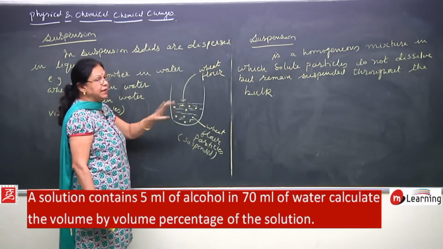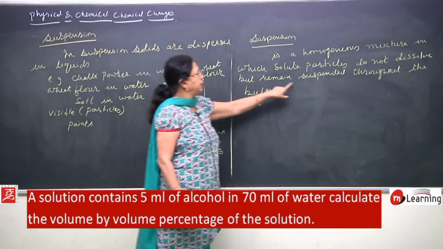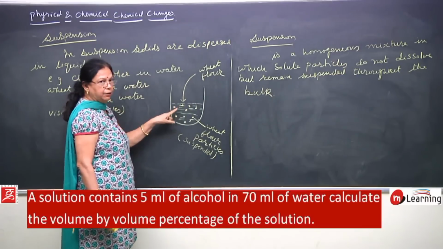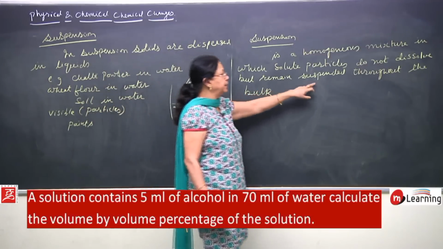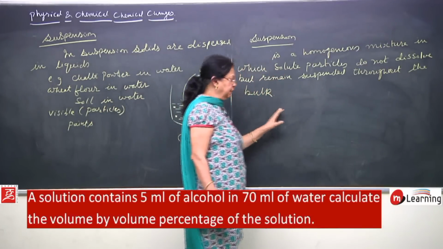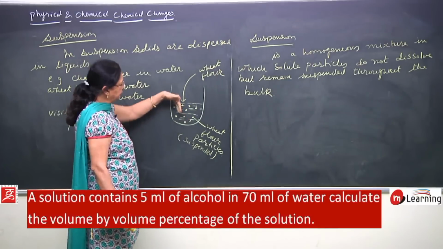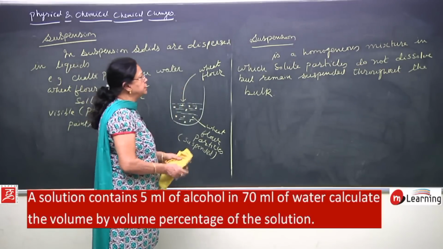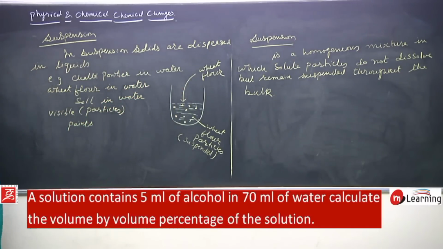These solute particles have not dissolved in the liquid, but they remain suspended. How are they present here? They are hanging or suspended. Where are they suspended? Throughout the bulk. It is not that they are suspended here only or here only. Throughout the bulk they are suspended. So, this is the definition of suspension.